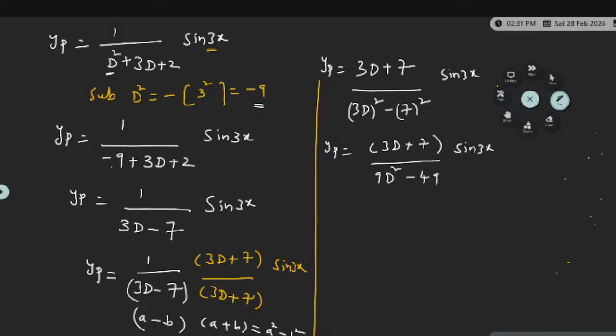Now we are in a comfortable situation because what I was looking for, D square, came. Once again use this substitution. Substitute D square equal to minus 3 square.